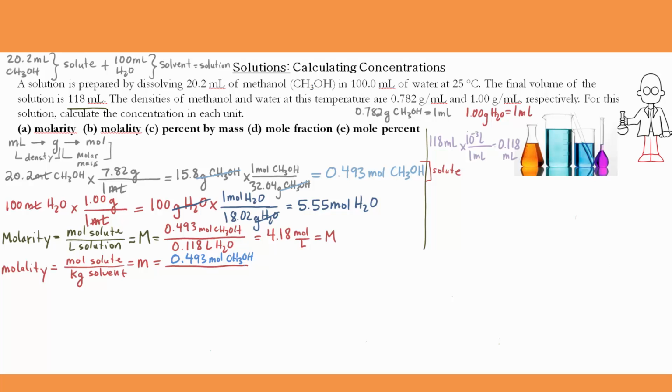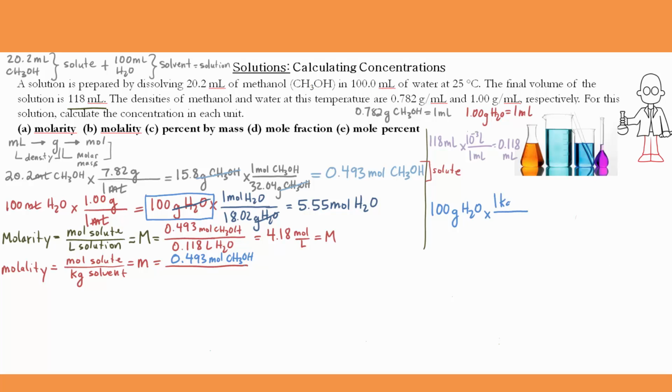Now we have to find the mass of the solvent in kilograms. So, we found out that the volume to mass conversion gave us 100 grams of water. So we need to change that 100 grams of H2O to kilograms.